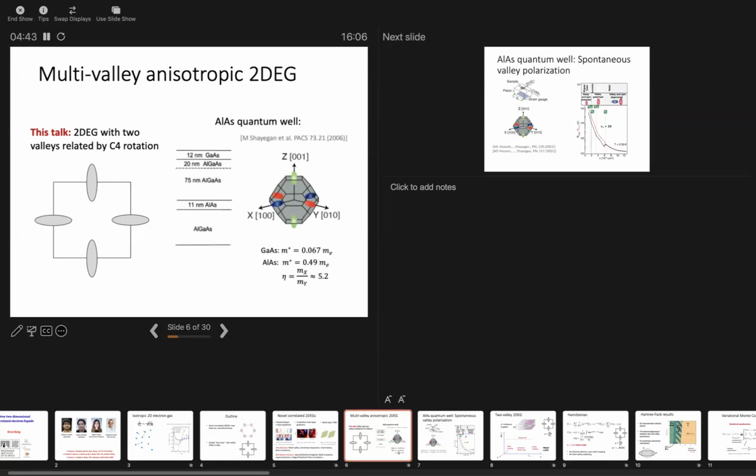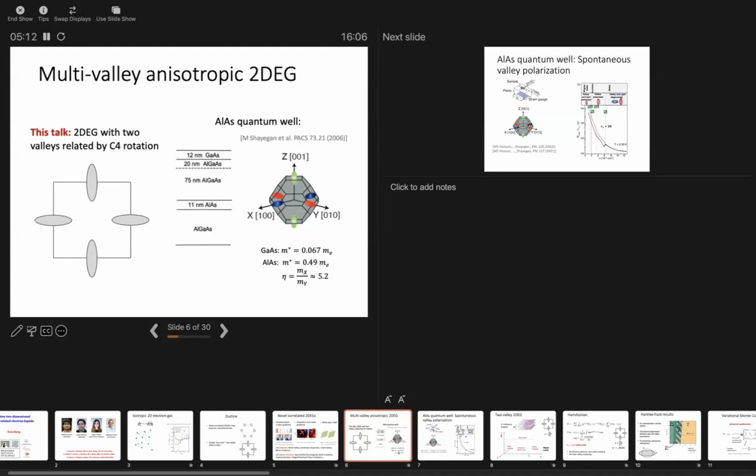And interestingly, there is actually a good realization of this type of problem. This is a semiconductor, aluminum arsenide. In 3D, it actually has three symmetry-related valleys. But if you thin it to a quantum well, only two of these cross the Fermi energy. So you get exactly this kind of electronic structure. This type of quantum well has been perfected by Mansour Shayegan's group from Princeton.